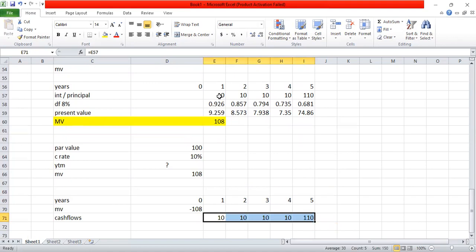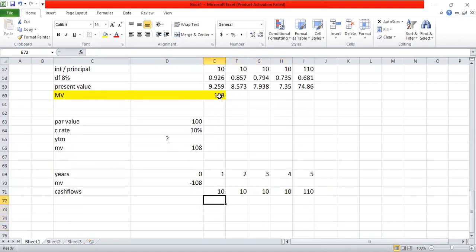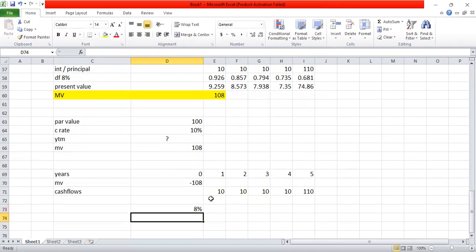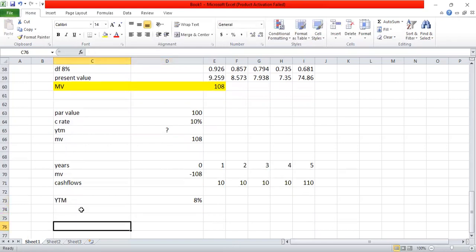This you will take. Now, these are the cash flows. Guys, just apply the IRR method. Values. This. All the values. 8%. This is the YTM.